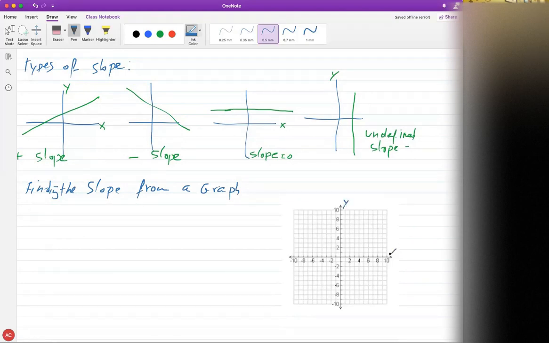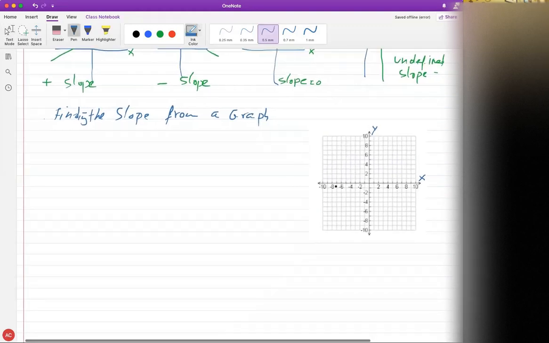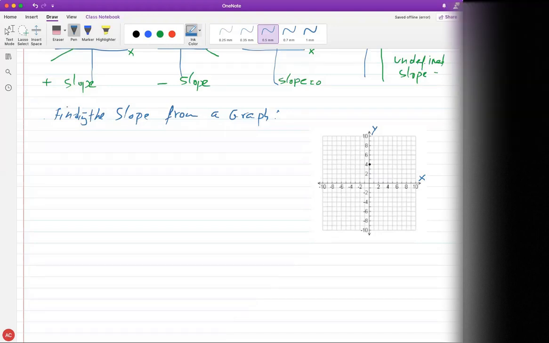You got your x-axis here. That's an empty graph. It doesn't have anything on it. You can draw all sorts of graphs of equations or functions. Let's assume maybe there's a line that goes through here and here.